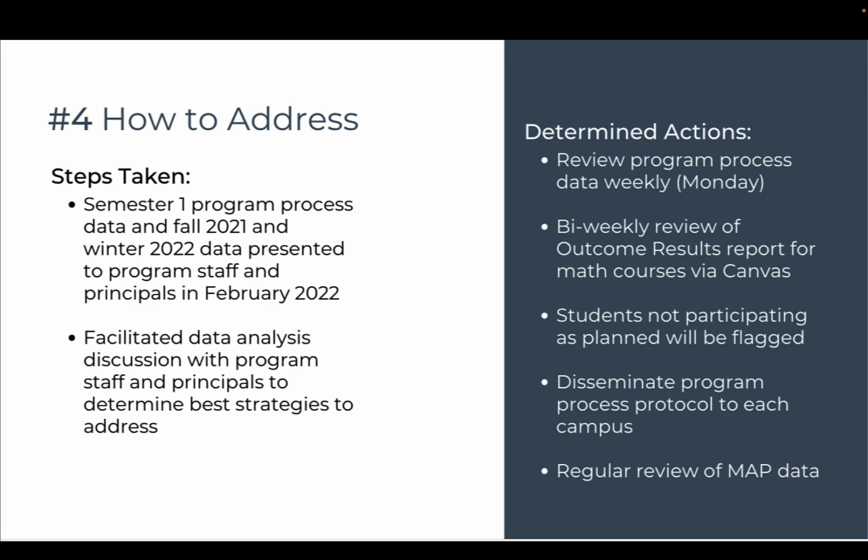The team will also disseminate the program process protocol to each campus, ensuring there's an accurate understanding of program participation requirements and what can happen if 75% of students are not participating. Lastly, the team will continue to review MAP assessment data following the fall, winter, and spring assessment periods.